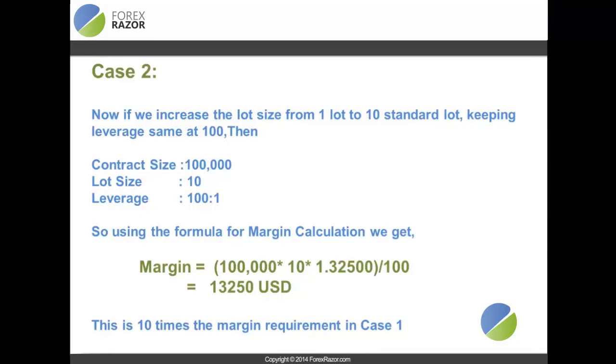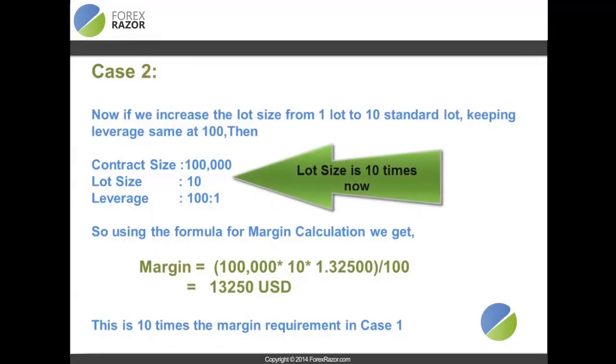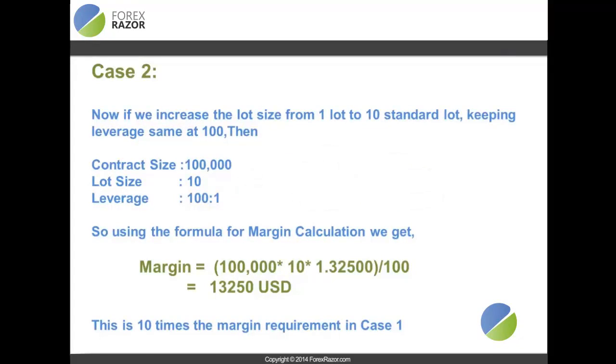If we now increase the lot size from 1 standard lot to 10 standard lots. So we have increased the size of our trade position 10 times, while keeping the leverage same as 100:1. So now contract size remains 100,000, lot size is 10, which is 10 times our initial lot size for the case 1, and leverage is constant at 100:1.